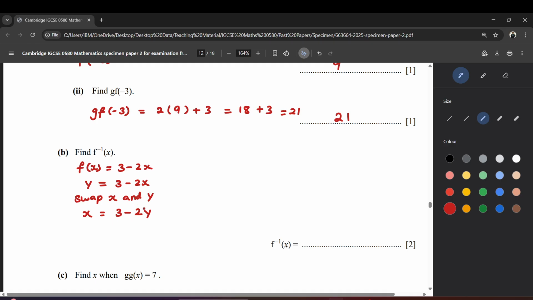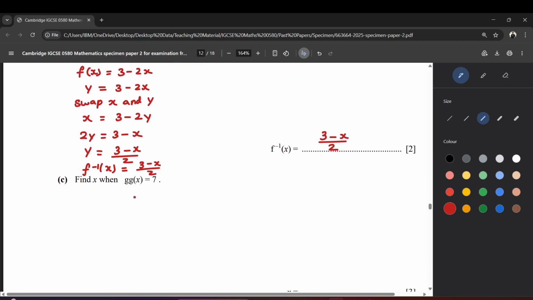So this minus 2y goes to that side and x comes to this side. So we have 2y equals 3 minus x. Divide both sides by 2. y equals 3 minus x upon 2. Now this y is actually f inverse of x. So therefore your answer is going to be 3 minus x upon 2.